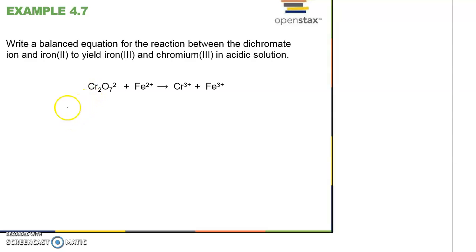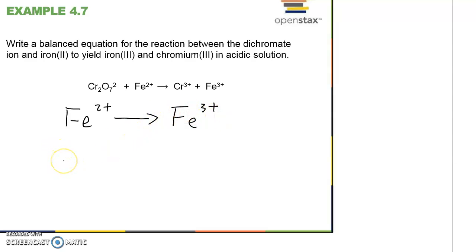The first one will be Fe 2 plus, that is going to give me on the other side Fe 3 plus. And by the way, the oxidation number increased, that means it is oxidized.